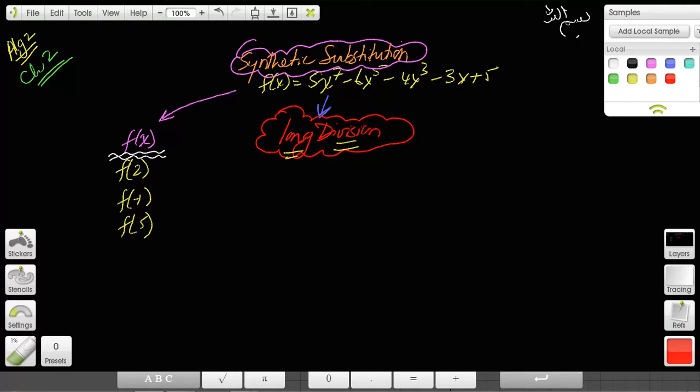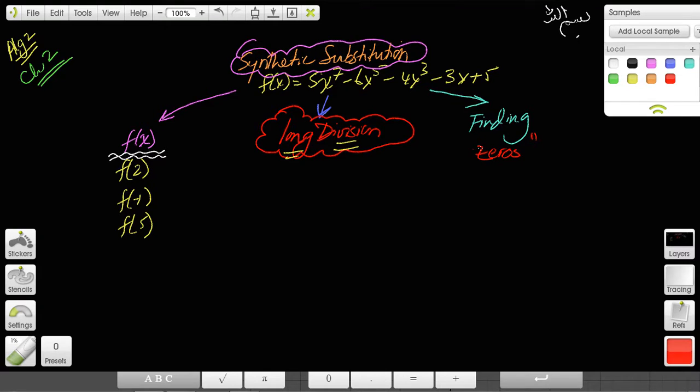So the three uses of synthetic substitution that we're going to learn in this chapter are: one, simply to find the value of the function for a given domain; second is long division, which we'll talk about next time inshallah; and the third is what's called finding zeros of a function.